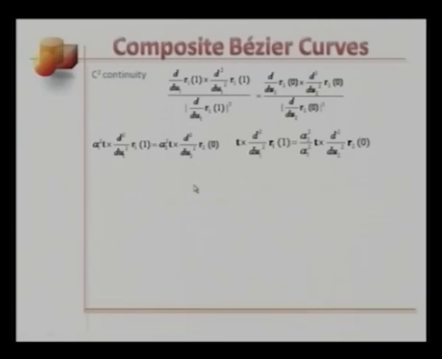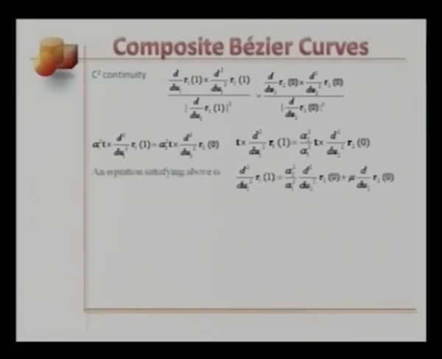It can be further simplified to T crossed with d2 over du1 squared of r1 at u1 equals 1, equals alpha 2 squared over alpha 1 squared times T, the unit tangent, crossed with d2 over du2 squared of r2 at u2 equals 0.